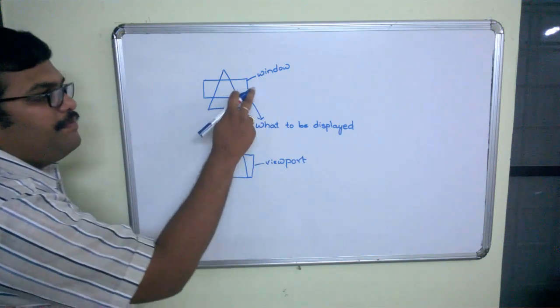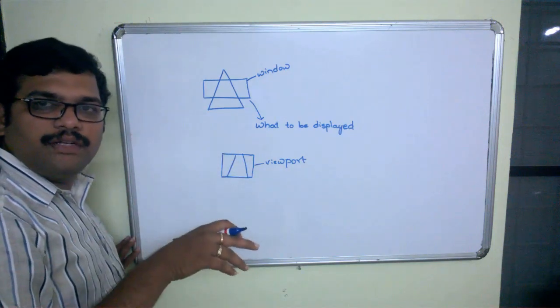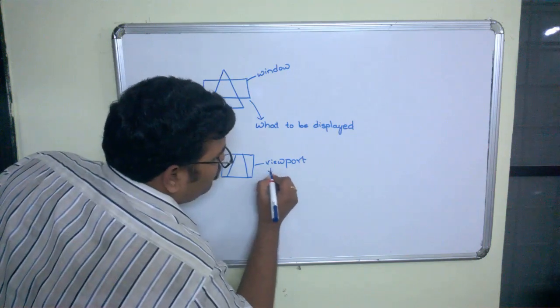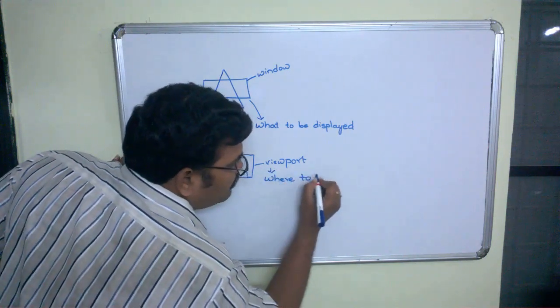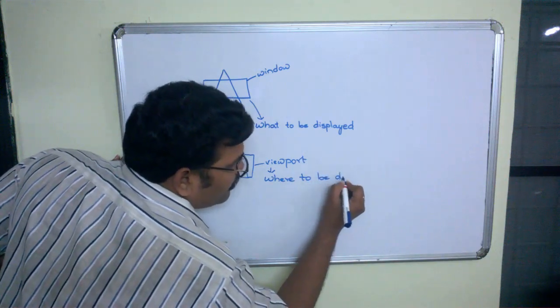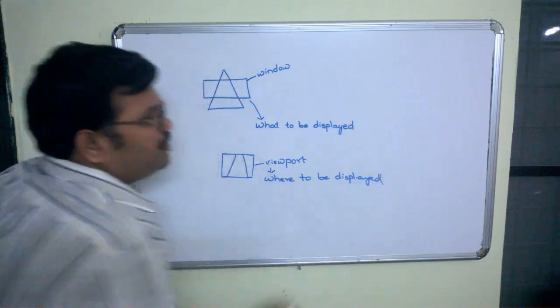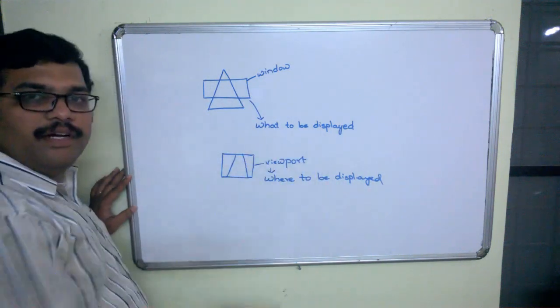That means in the window, the object where to be displayed on the device, in which device and where to be displayed is called viewport. Simply, a window is what to be displayed, viewport is where to be displayed.